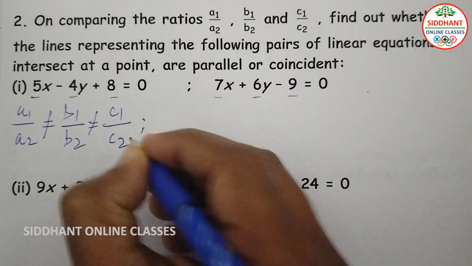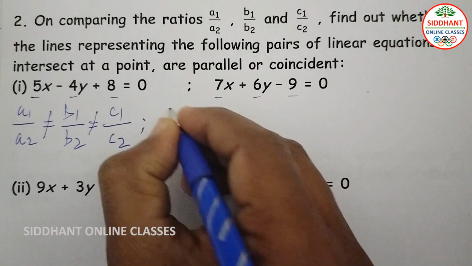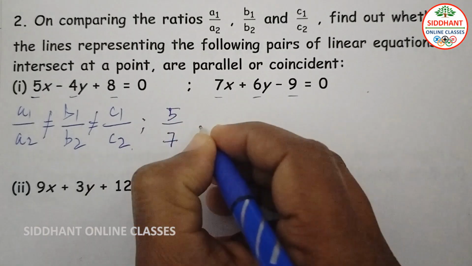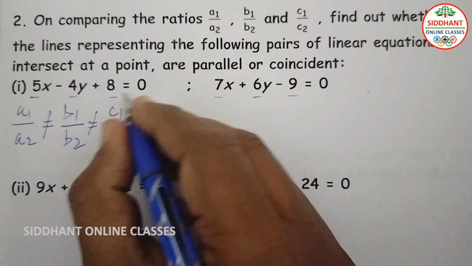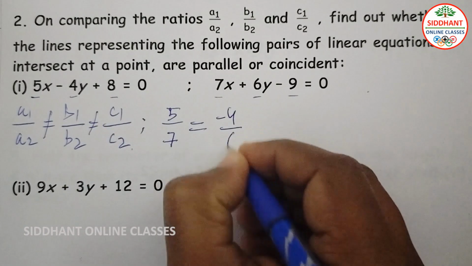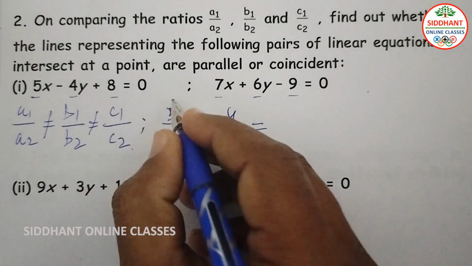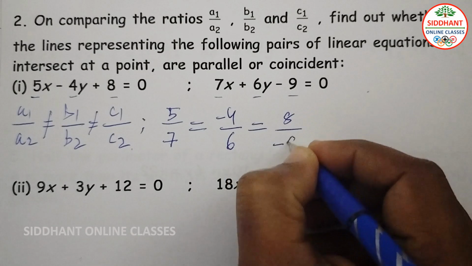Now we compare: a1 by a2 is 5 by 7, b1 by b2 is minus 4 by 6, and c1 by c2 is 8 by minus 9.